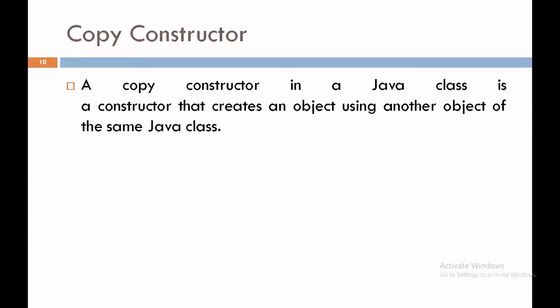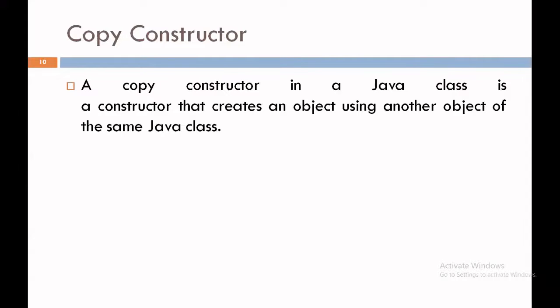Suppose I give one example. Sometimes a programmer wants to create an exact but separate copy of an existing object, so that subsequent changes to the copy should not alter the original or vice versa. And this is made possible using the copy constructor.